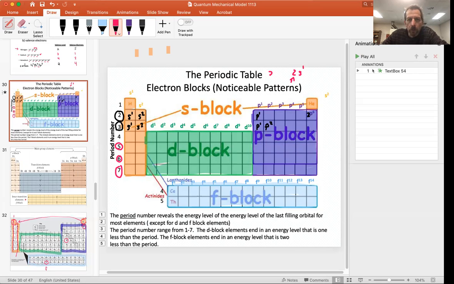If somebody wrote 3p4, that would be something in the 3rd period in the P4 position: P1, P2, P3, P4. That would be this element right here. So this is a way to associate position in the periodic table to what is written in its electron configuration. So let's put that into practice.